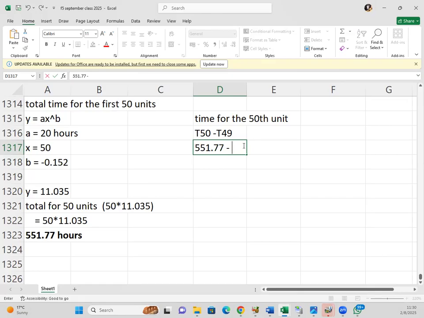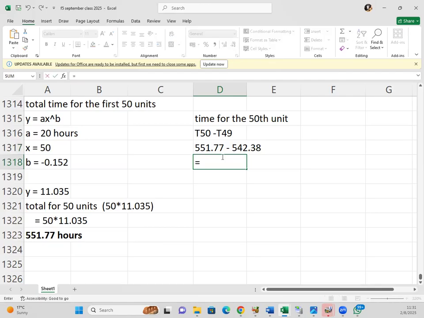That gives $542.38. So what's the time for the 50th unit?